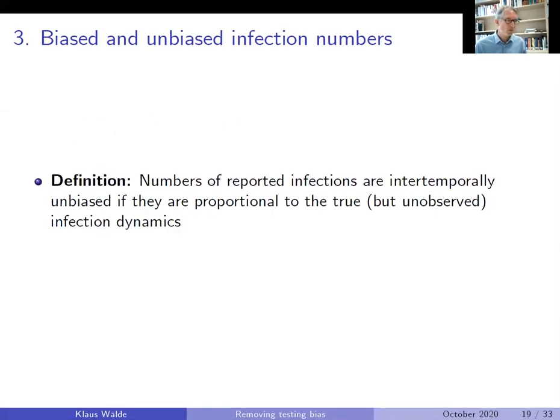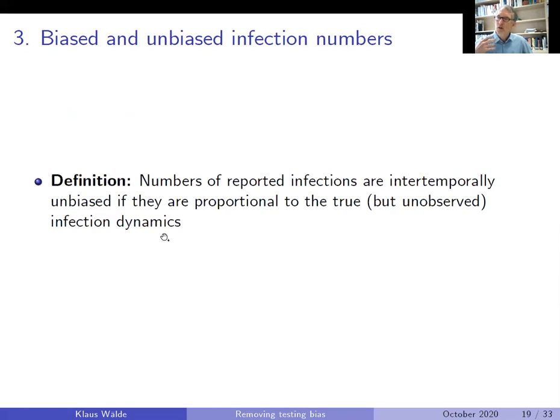Well, when we talk about bias, we should be precise. What do we mean by a bias? So let me offer a definition. The numbers of reported infections are intertemporally unbiased if they are proportional to the true but unobserved infection dynamics.